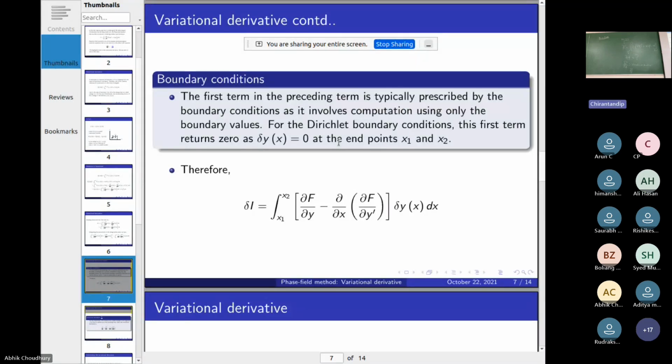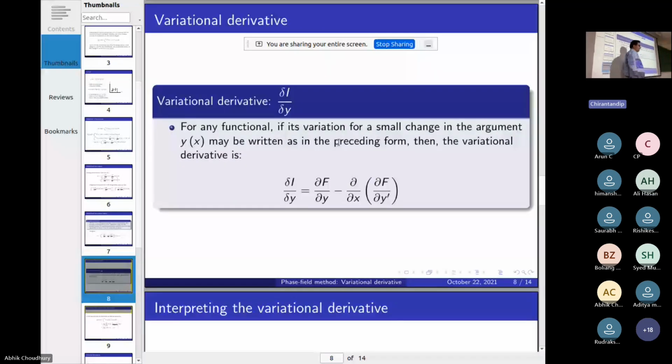If I can define a change in value of the integral as a form of this type, which has the form of a small function over here like this, then the variational derivative is defined as the term that is inside the bracket, the integral. Okay, it's a definition.